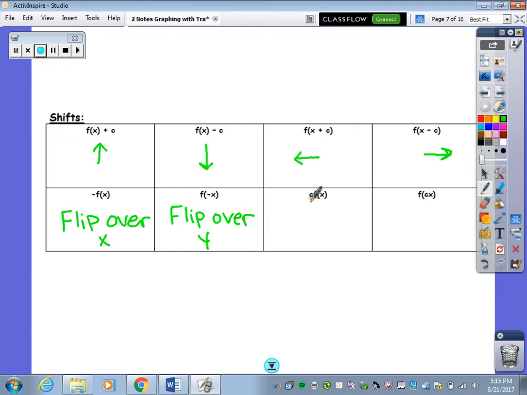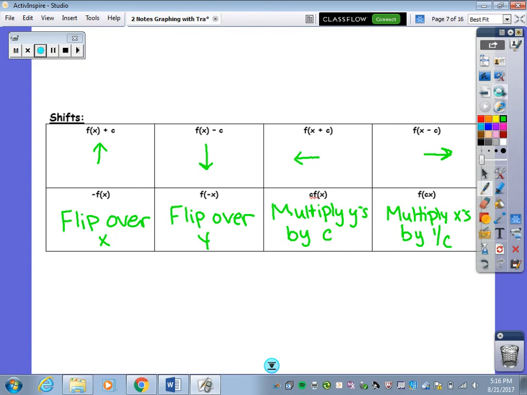When you have a c that's being multiplied by an entire function, you're multiplying all of your y's by that c. And when you see a c on the inside of a function being multiplied by all the x's, you are going to multiply the x's by 1 over c.